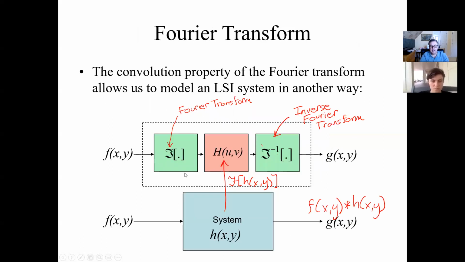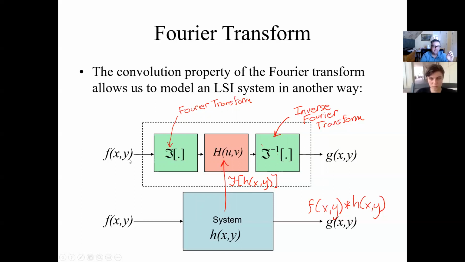And then we left off here with the idea that if I have a linear shift invariant system, then I can get the output by convolution, and I don't have to do anything with Fourier, right? If I wanted to do a two-dimensional convolution, I could. Well, you can do it in MATLAB, okay? Or an alternative to that is to take a Fourier transform of the input image, multiply it by the Fourier transform of your point spread function, and then invert the Fourier transform of the result.